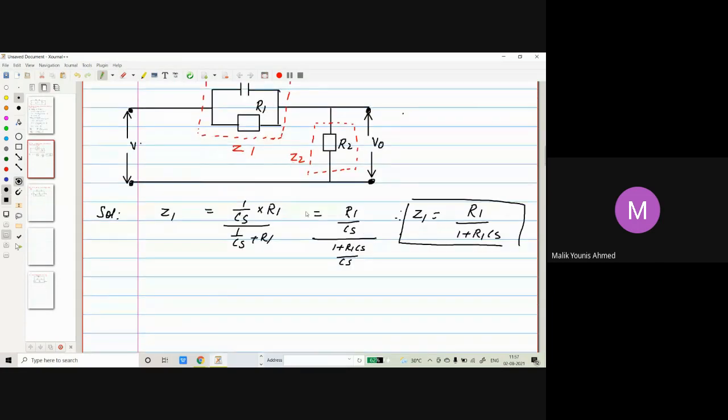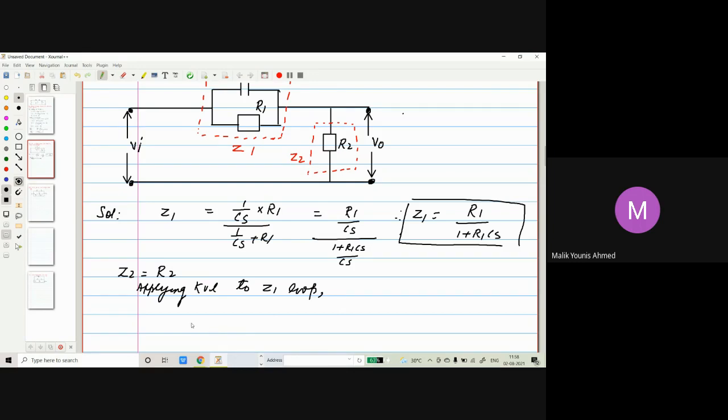Z2 we know is R2. So now, applying KVL to the Z1 loop, what we are going to get: this is Vi, this is V0.